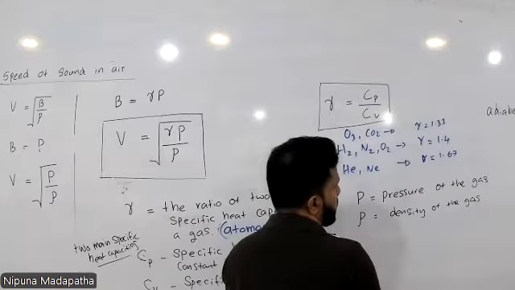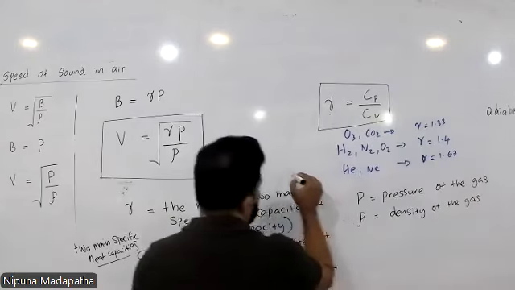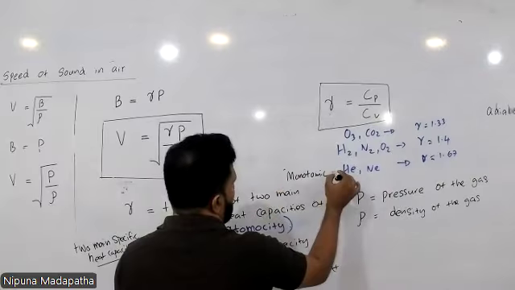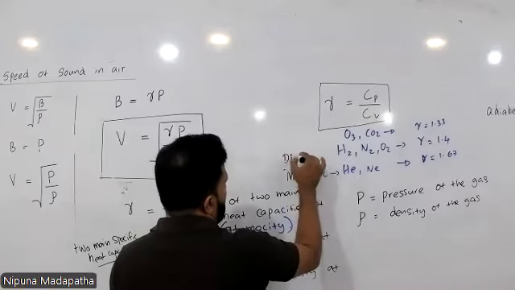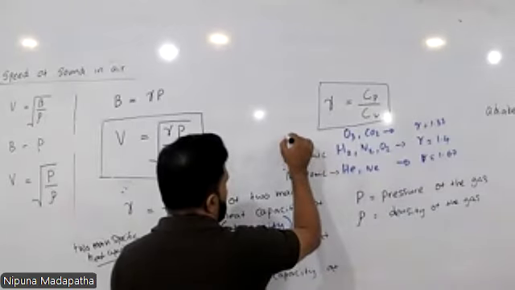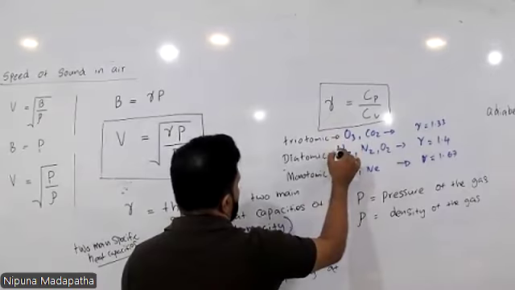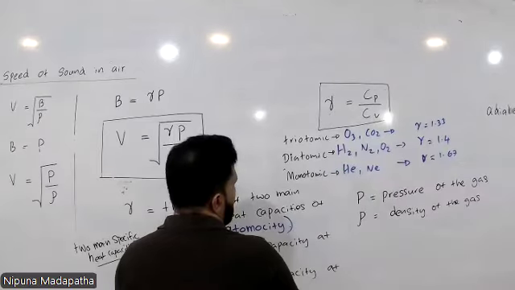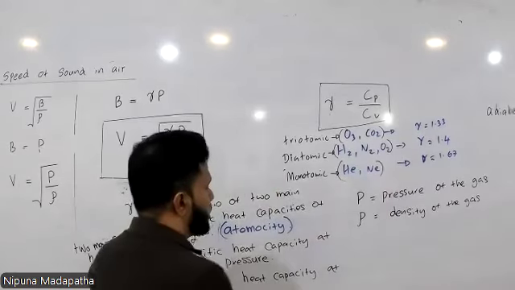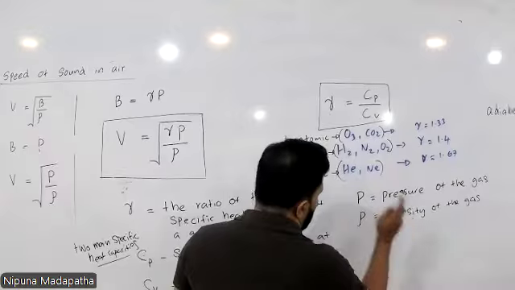For monatomic gases, this is monatomic. This is diatomic. Here P is the pressure of the gas and rho is the density of the gas.